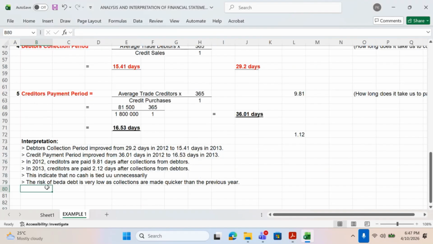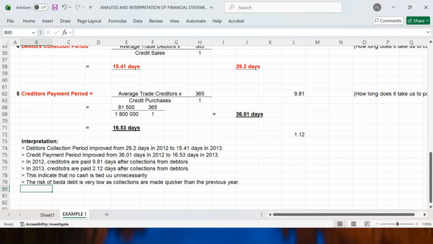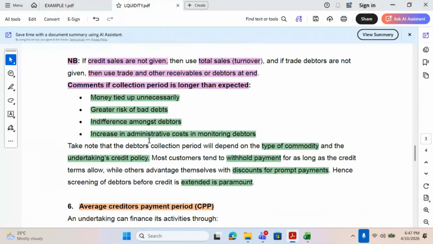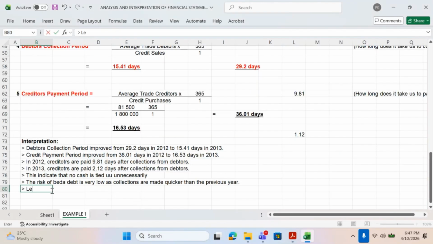So less administrative costs will be incurred, as money is collected quicker from debtors, and also payments are made very quick as well.